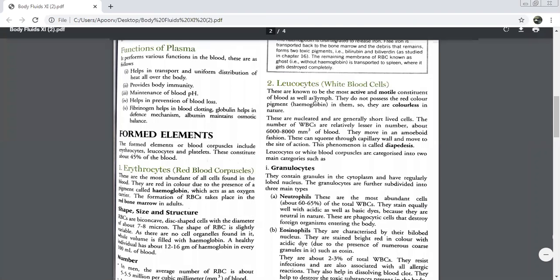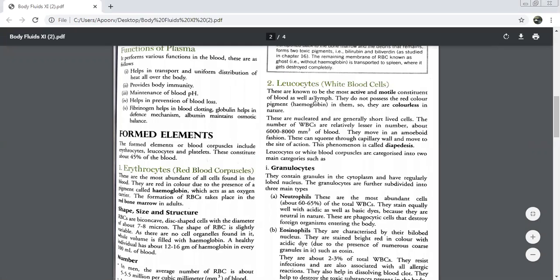And the average was what when we talked about RBCs? Keep comparing side by side. 5 million to 5.5 million. Yes. What was the lifespan of WBCs?